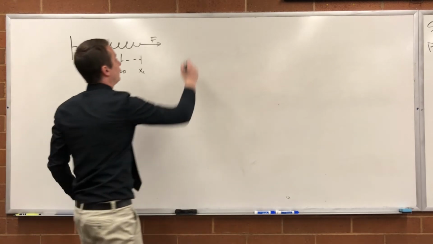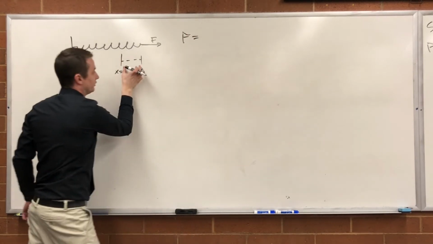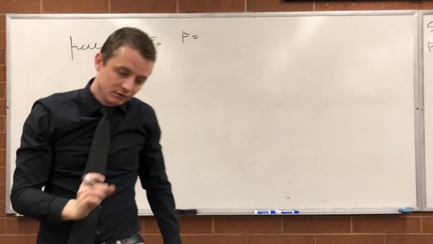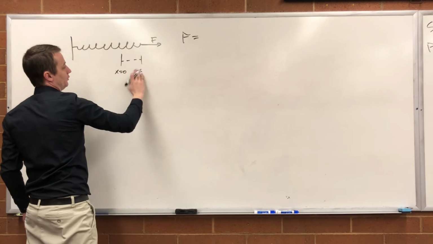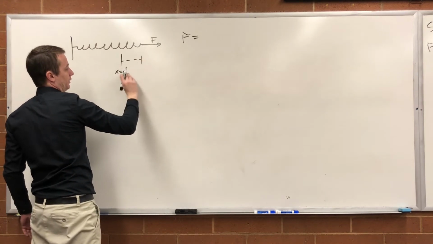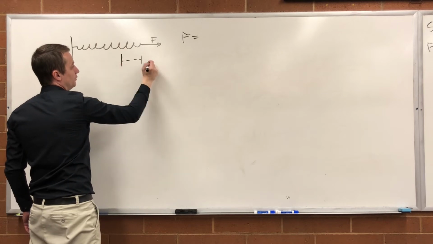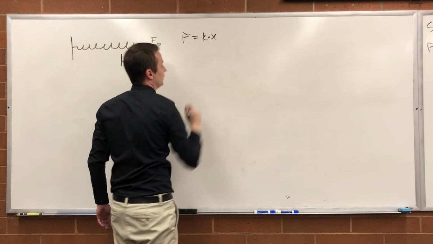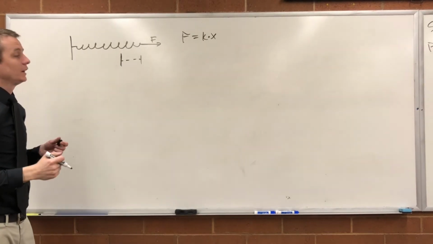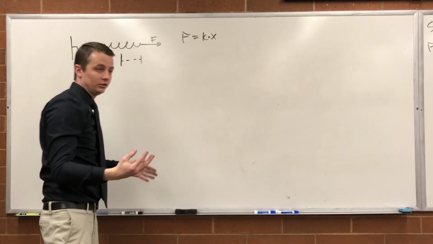It turns out that the force is proportional to this displacement. They just call it x in the book. So if we set up our coordinate system so that this is x equal to 0, then this is just your x position from there on out. So the force is proportional to x, which means it's some constant times x, where that constant depends upon the spring you're using.